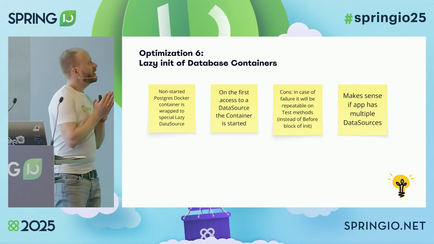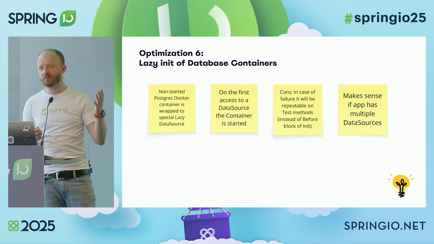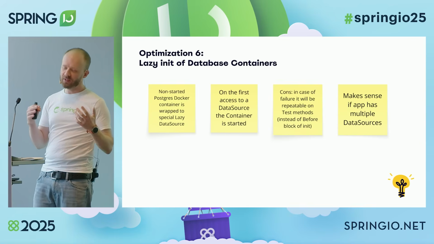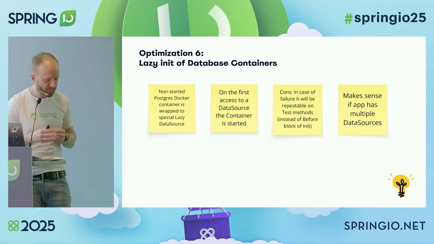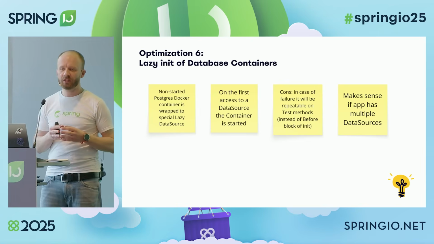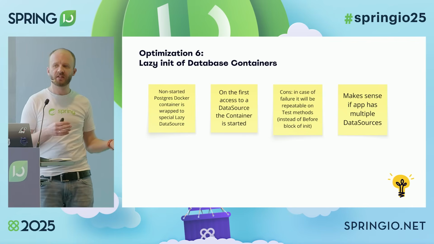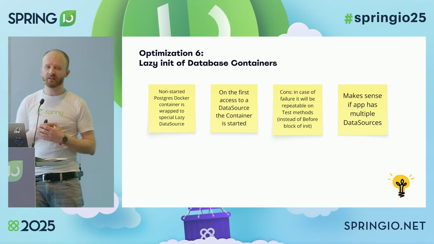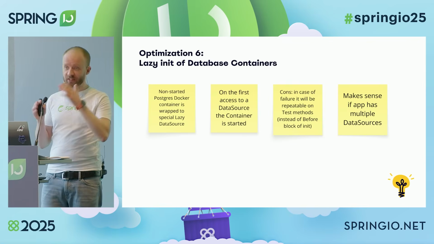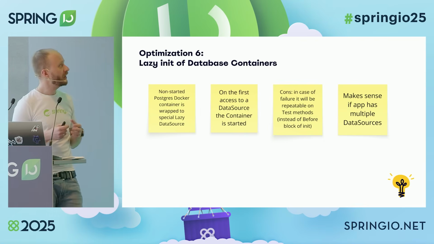Next, the optimization again relates to databases. If you are using a single database, which is pretty classic in microservices, it might not make much sense for you. But in a monolith application, we have a lot of databases and schemas working simultaneously, or it can even be the same schema, but for example sharded, if you are testing your sharding mechanism.